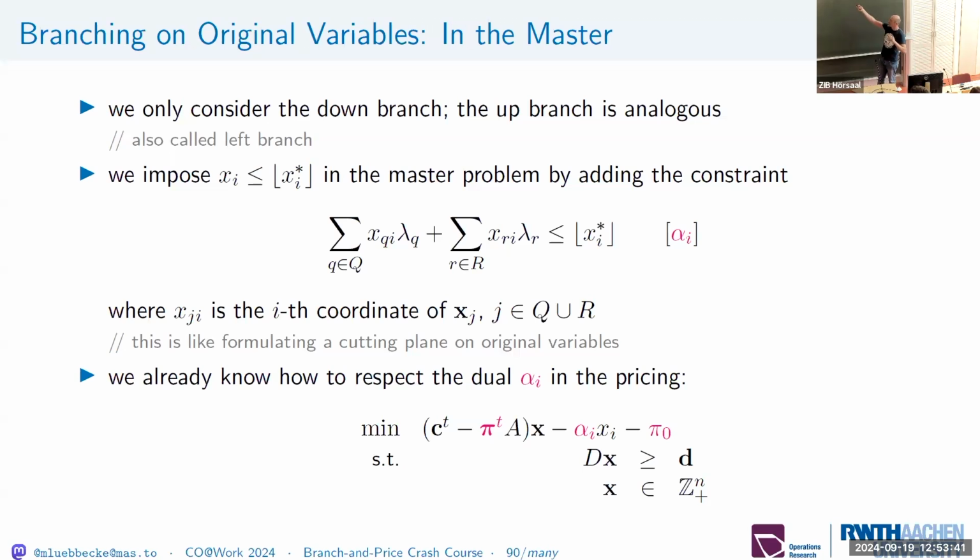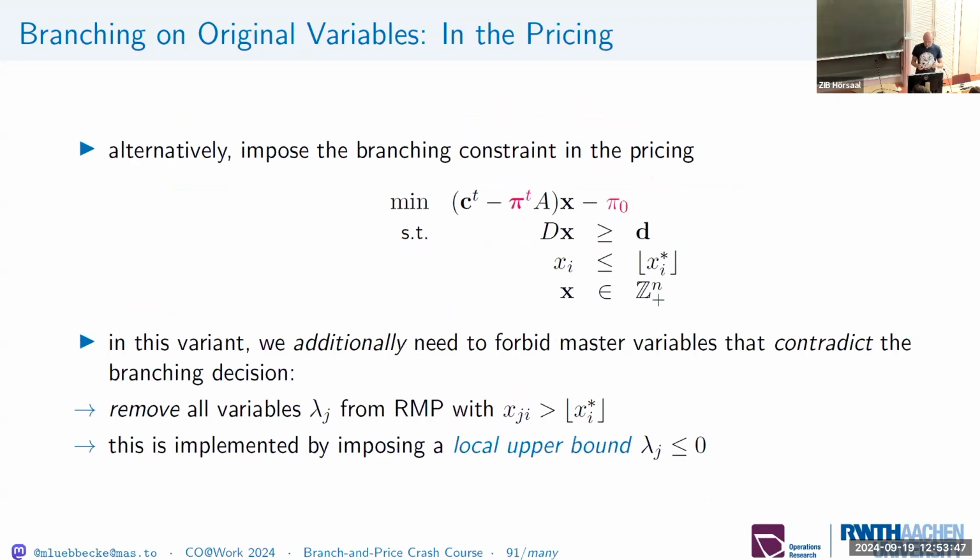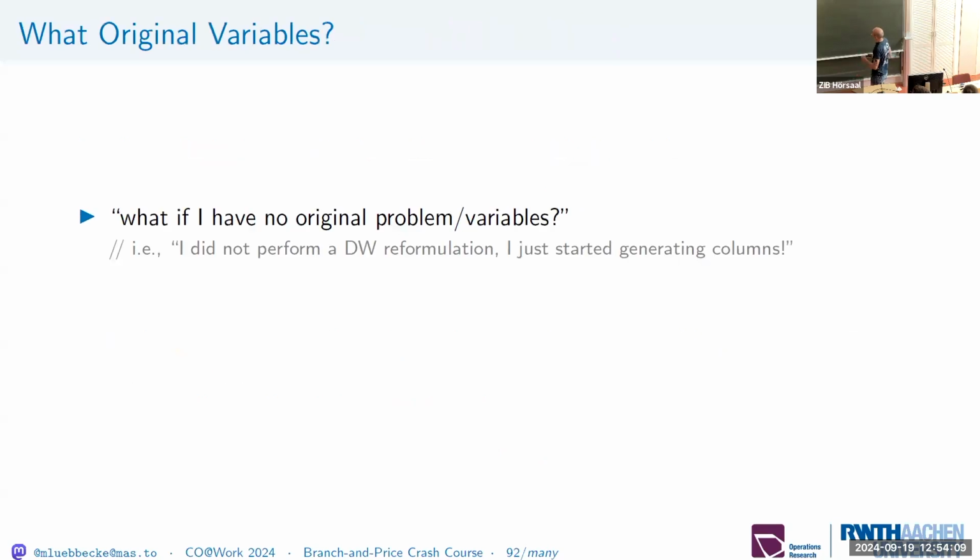The remainder usually stays the same. So this is easy to be done. Or even easier, you put the bound directly in the pricing problem. So you will never generate anything that is forbidden by the branching. Then you have to additionally remove all the columns that contradict your branching decisions. But this is easily doable. Okay, this is original variable branching, and it always works.